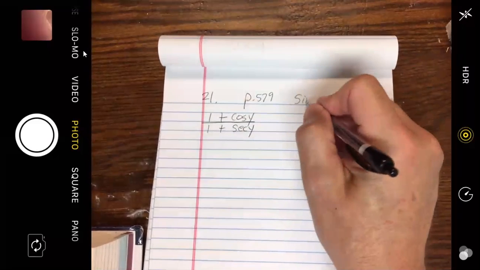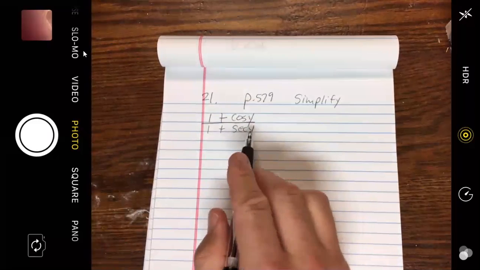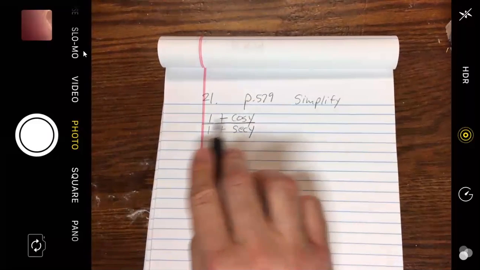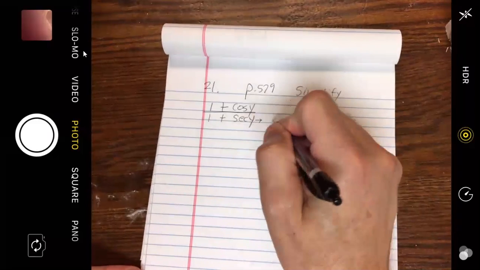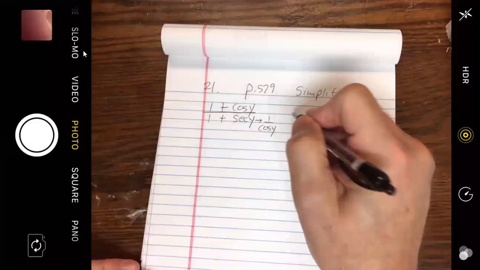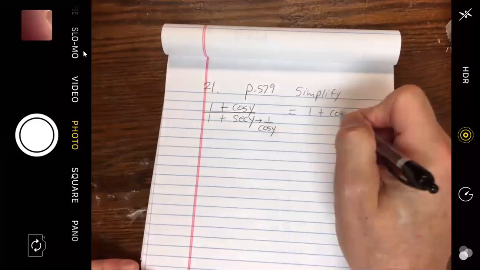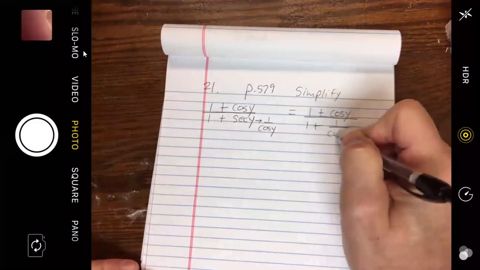Simplify. Well, your top, you can't break down cosine, and adding 1 doesn't give you anything. Secant is equal to 1 over cosine y. So you have 1 plus cosine y over 1 plus 1 over cosine y.